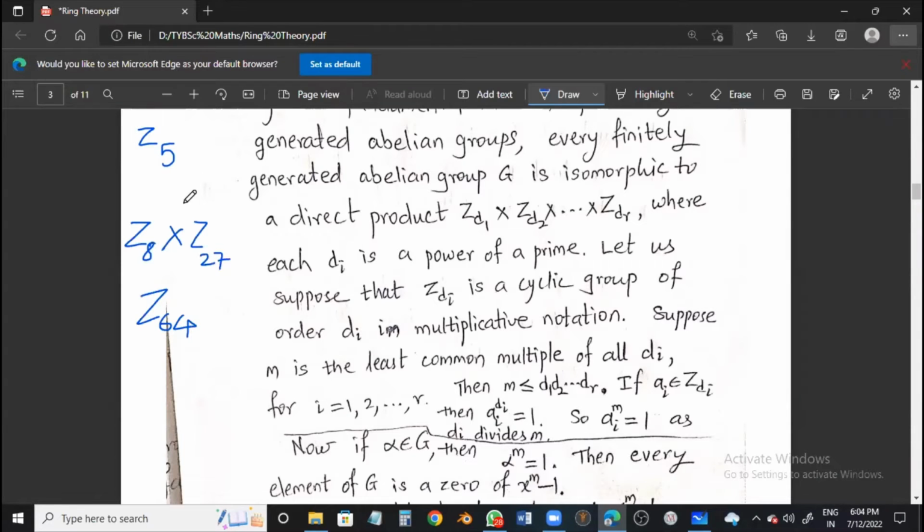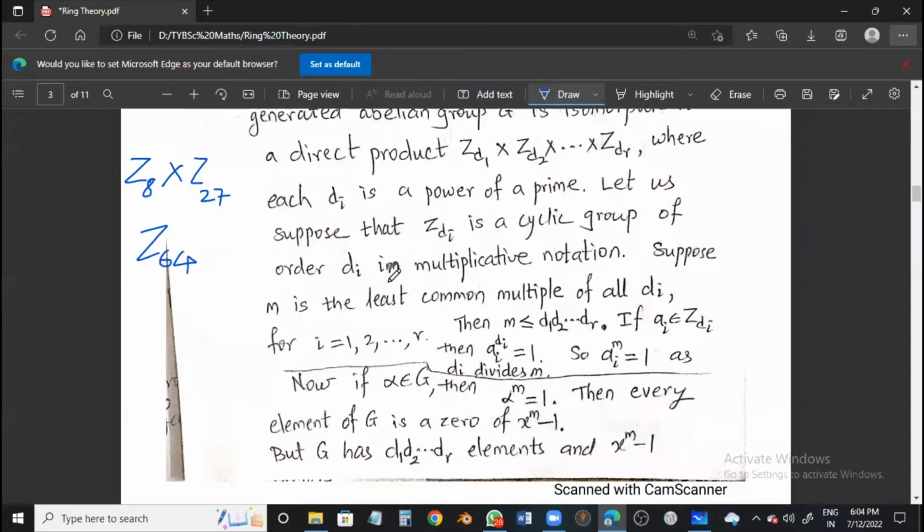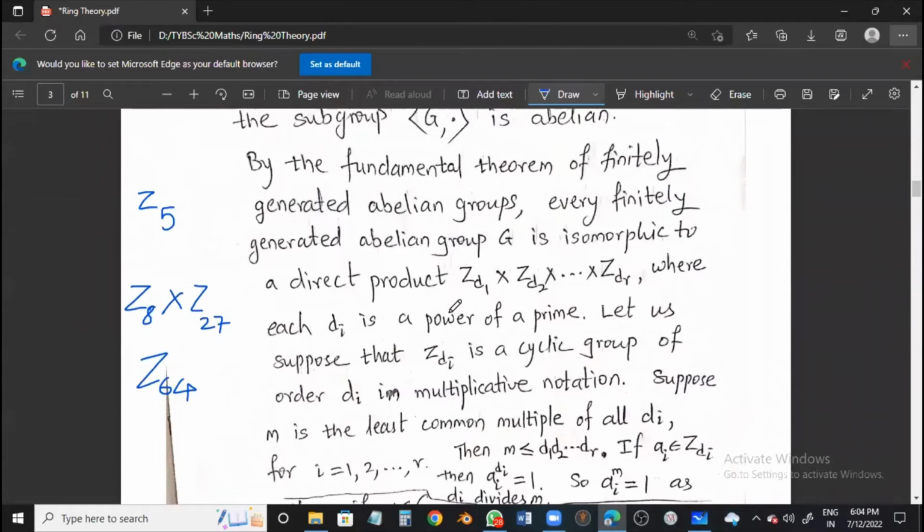And how many elements does it have? 5 elements. So it's a cyclic group of order 5. Same way here we are saying, let us suppose that ZDI is a cyclic group of order DI in multiplicative notation. Why do we say suppose? We are not challenging this. What we want is to say something next, and for that we say suppose.